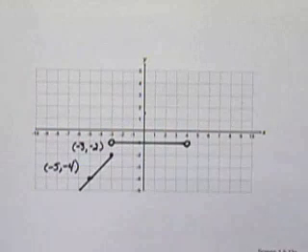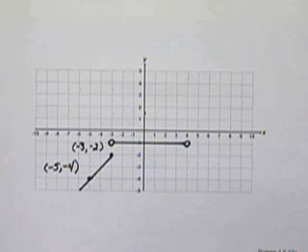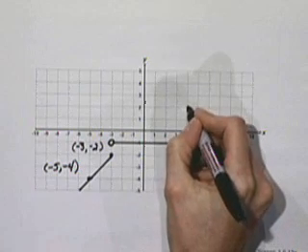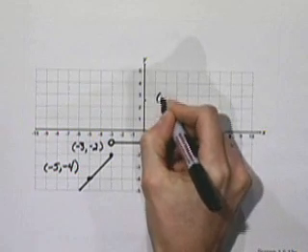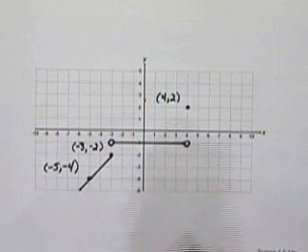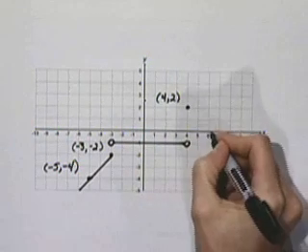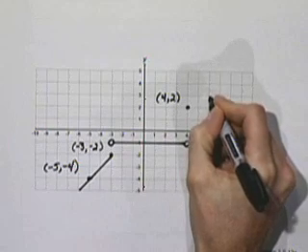And now we're looking at f of x equals 1/2 x on the interval 4 to infinity, including 4. So I'll put that endpoint in. If f of x equals 1/2 x and x equals 4, 1/2 of 4 is 2. So we have the point (4, 2). If x is 6, 1/2 of 6 is 3, so we have the point (6, 3).